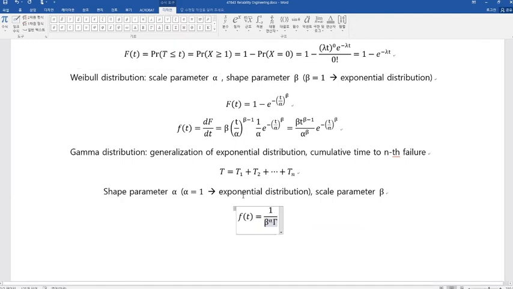So capital gamma is used, gamma of alpha, and of course this will be called the gamma function.